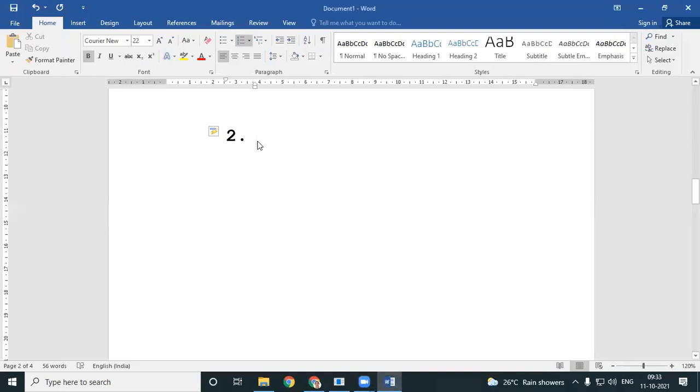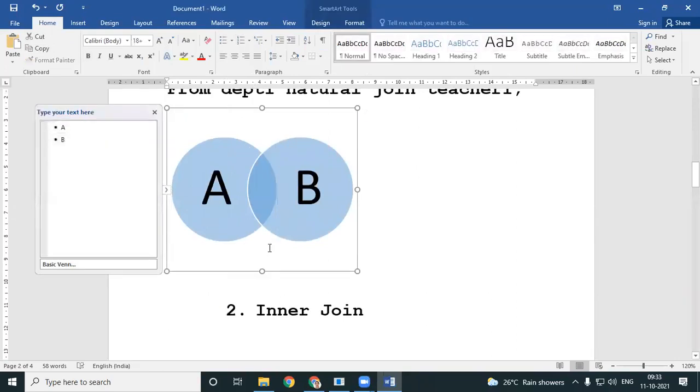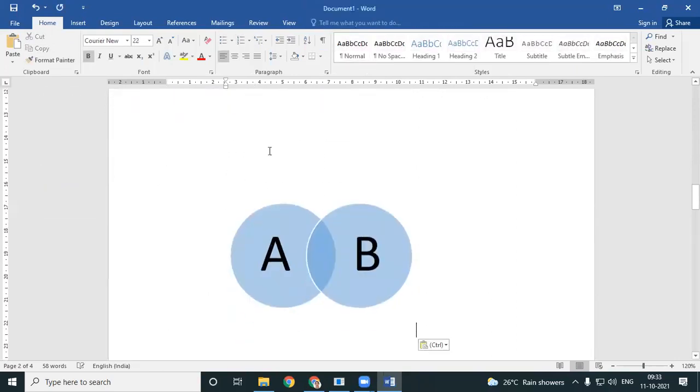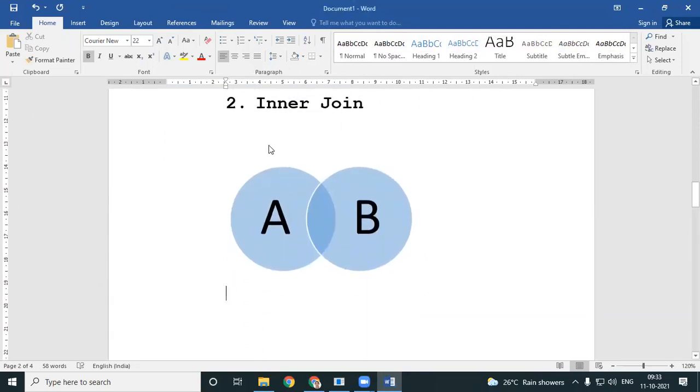The second join which we have is inner join. So now let's see, what do you mean by an inner join? Now I'll just take the same diagram again. Okay, imagine you do have 2 tables, A and B. Now inner join means the common portion, only the common portion.